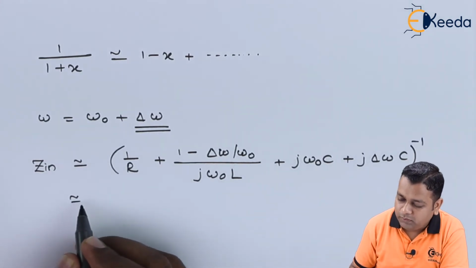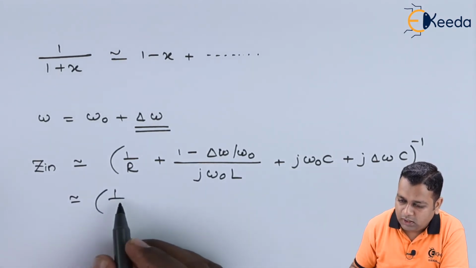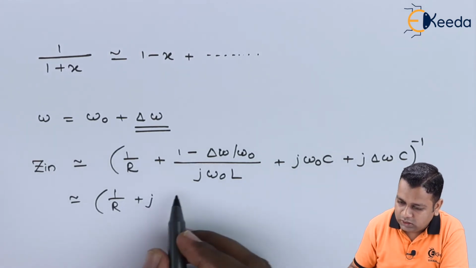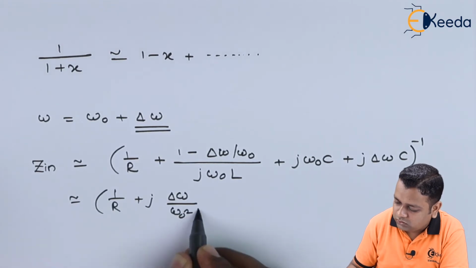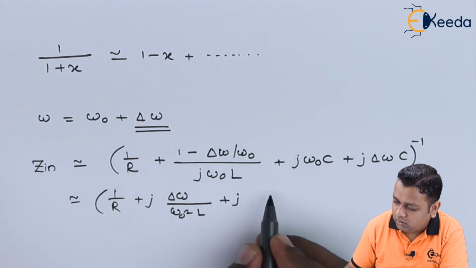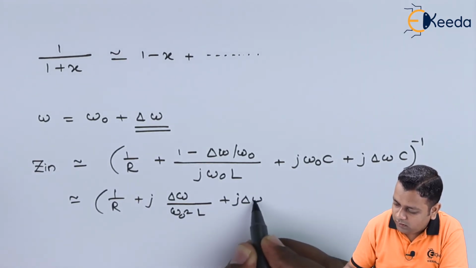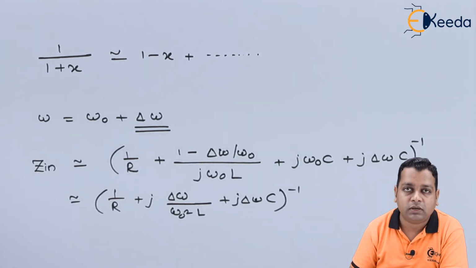Further simplifying this approximation, in the bracket we have 1 by R added to J times delta omega divided by omega 0 square L, added to the last term, J times delta omega into capital C. The bracket is completed and the power inverse is kept as it is.